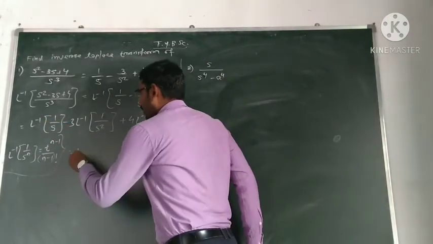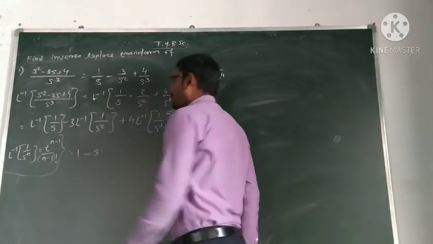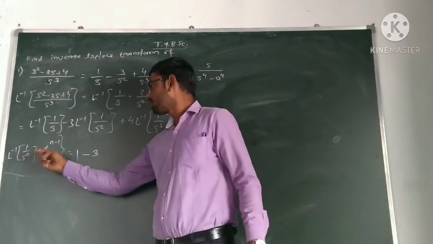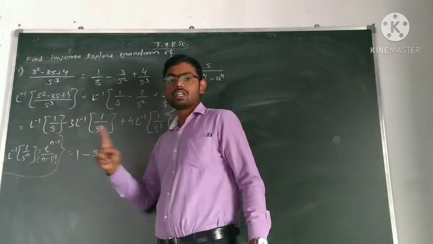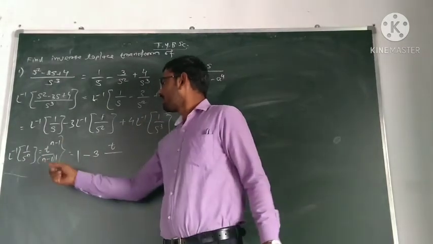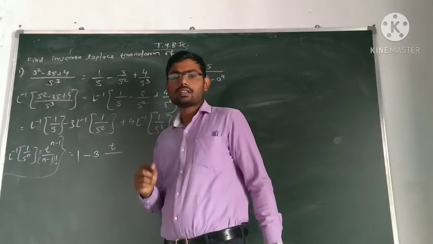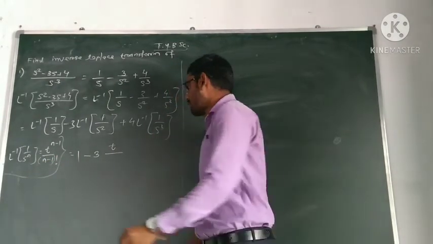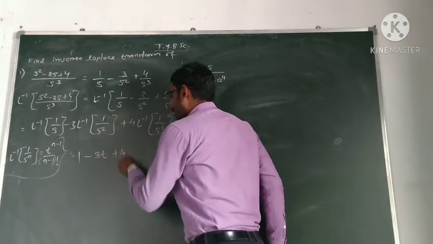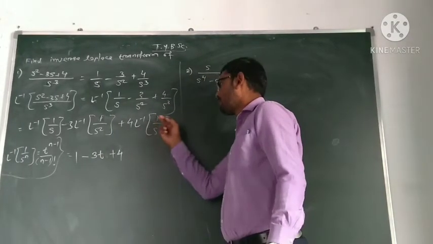So this is equal to 1 minus 3 times the Laplace inverse of 1/s², where n is equal to 2. So t raised to the power 2 − 1, that is t, upon 2 − 1 factorial. 2 − 1 is 1, factorial is 1, so t upon 1, that is only t. So minus 3t, plus 4 as it is, the Laplace inverse of 1/s³.